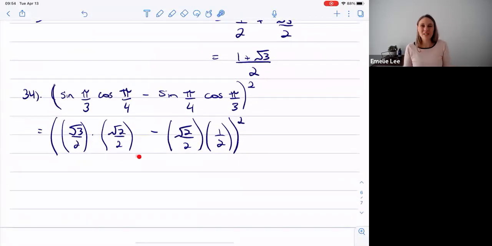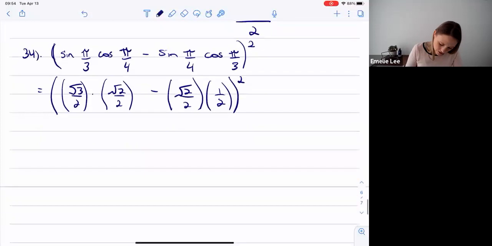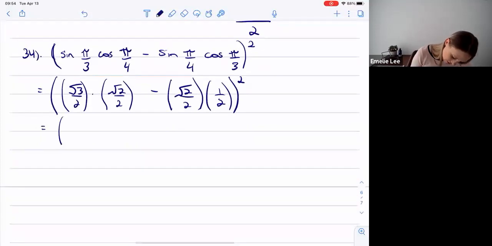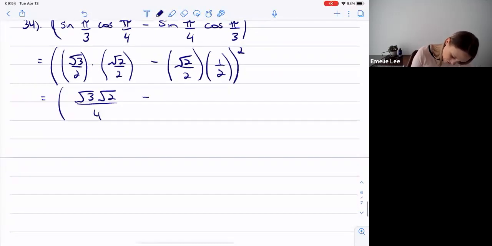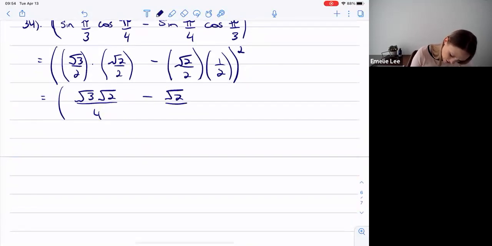Now that I have these values, you still need to use BEDMAS, right? You need to multiply these, then subtract them, making sure you have a common denominator, and then you can square your answer. Okay, so this becomes √3 times √2 over 4 minus √2 times 1, which is just √2 over 4, and then squared.